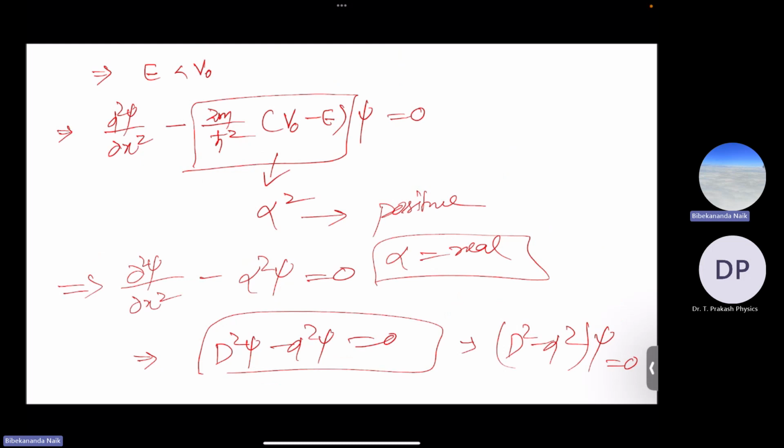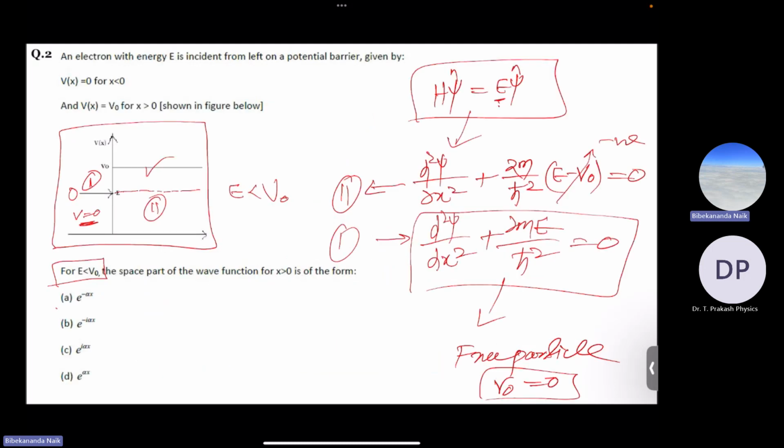If the electron with energy E is incident from the left side, then the space part of the wave function for x greater than 0 will be B e to the power minus alpha x, where B is a constant, and this constant can be determined if you normalize the wave function. Is this clear to you? Yes, sir.